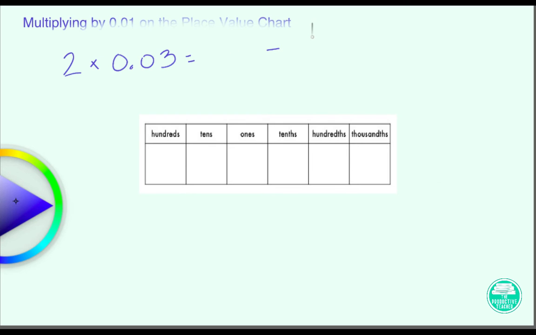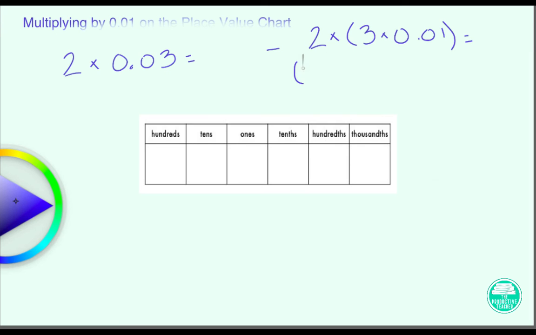Well, the associative property of multiplication says I can rearrange my factors in a multiplication problem without changing the product. So instead of having 2 times 3 hundredths, I'm going to break 3 hundredths down into 3 times 100th. So 3 hundredths is the same as 3 times 100th.